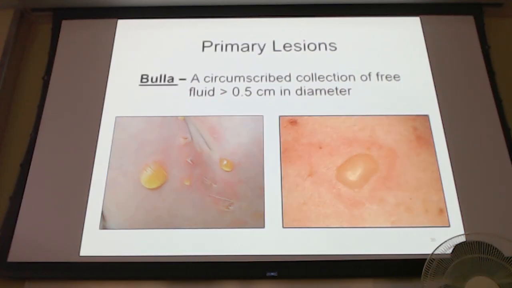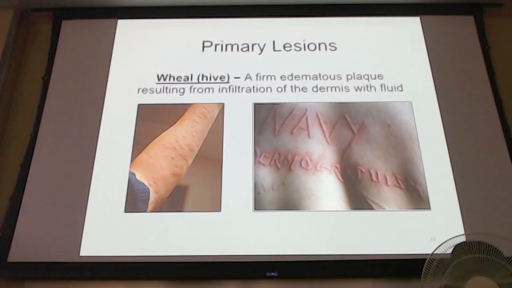Bulla, again, is greater than that, and you've got that free fluid up and under. Wheal, so that's that hive. Again, we'll be getting into that once we get into some of our allergy, contact dermatitis and stuff. So those are all of the primary ones, those listed as primary lesions.